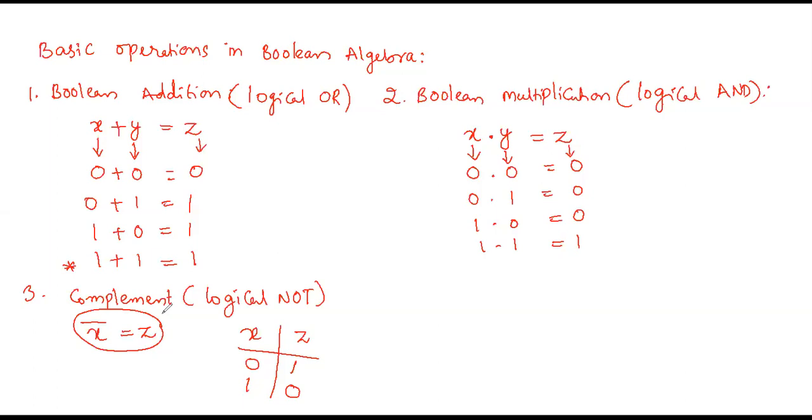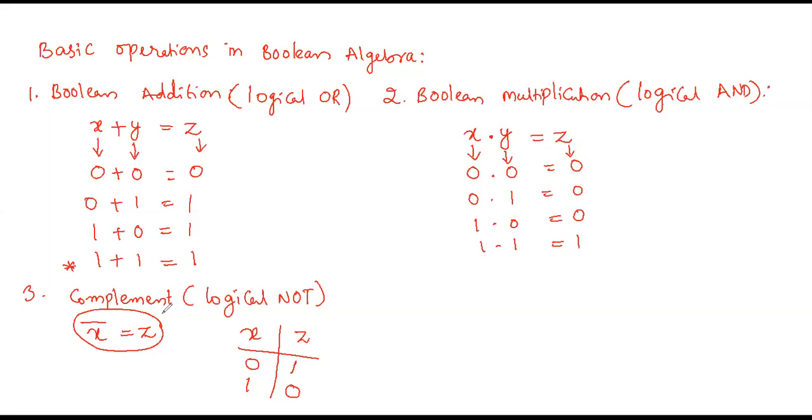Okay. Now, you take any digital device, whatever may be the size. Whether it is big or small, you can analyze that big circuit with only these three operations: Boolean addition, multiplication and complement operation.